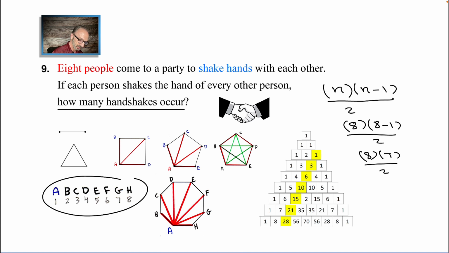We could reduce between 8 and 2, divide by 2, 1, divide by 2, 4. 4 times 7, one more time, that's going to be 4 times 7, which is 28 different ways. So the answer is 28 different ways. Let's see why. Let's highlight that as our final answer.